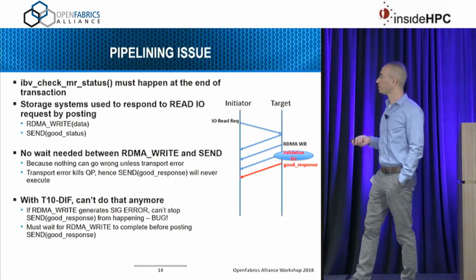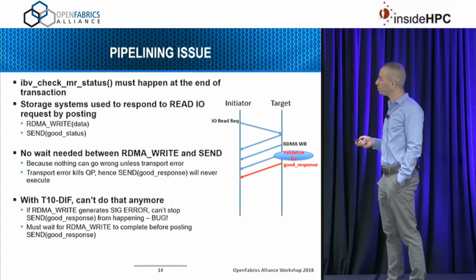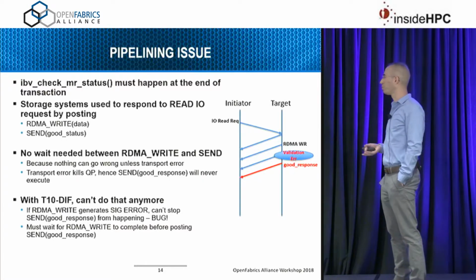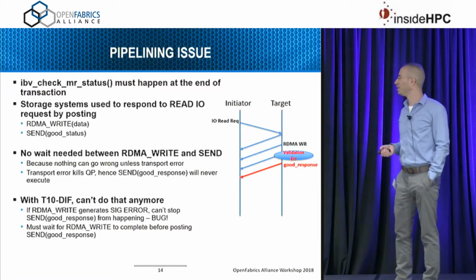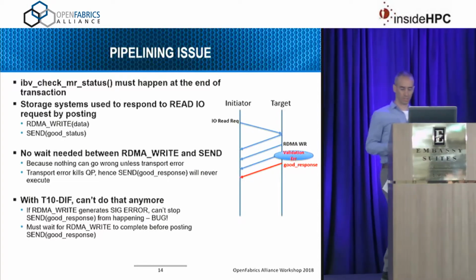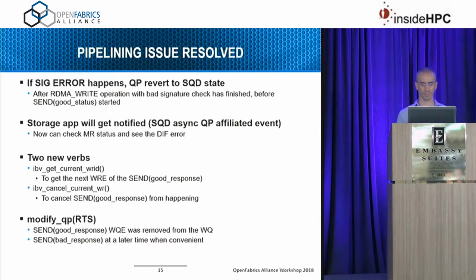Obviously, the trivial solution would be to perform some fencing here, wait for the last RDMA write completion, and only then follow with the good response. But it is a performance killer, an IOPS killer, so we want to have something better.